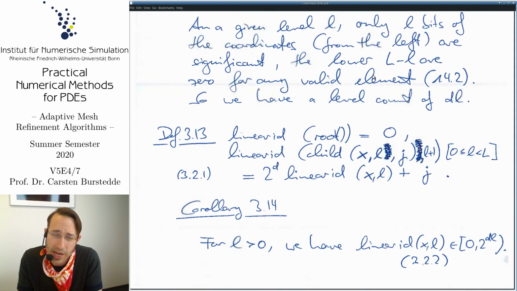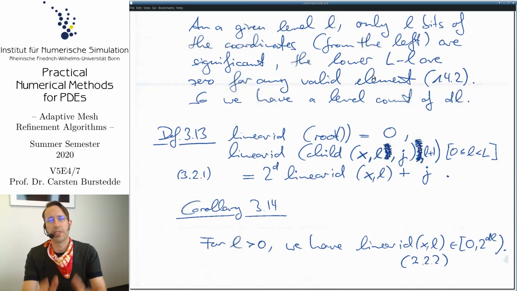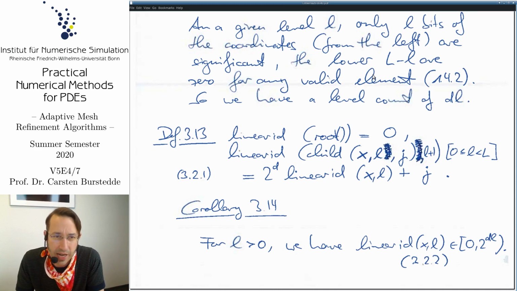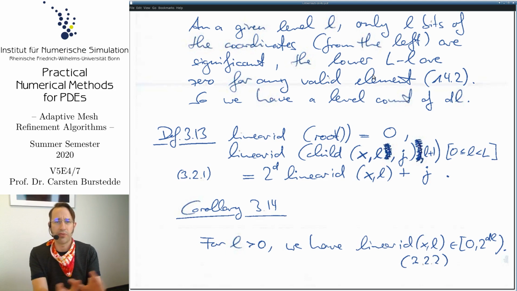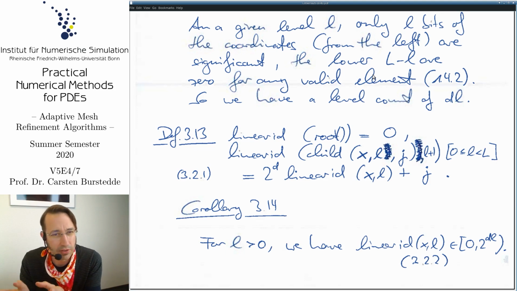And then each child of the root, in 3D they are between 0 and 7, we would give them the linear ID of the parent, but shifted to the left by d bits, and add the child ID, which means we are moving the linear ID of the ancestor to the left, freeing up 0 bits on the right, and those 0 bits we are replacing with 1 bits depending on the bits in J. So J again comes in as bitwise information, 1 bit per dimension.